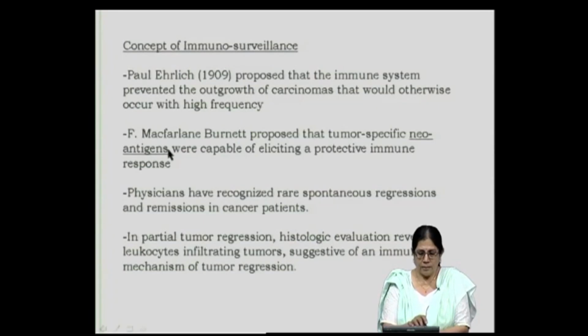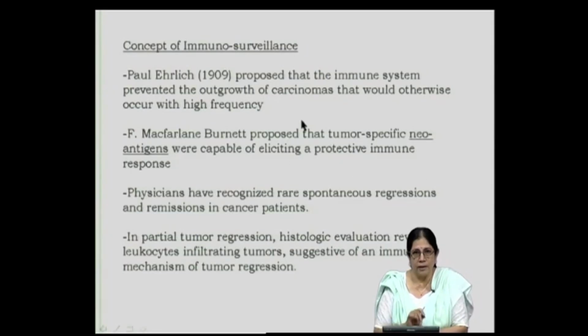Soon after that, McFarlane Burnett proposed that tumor specific neoantigens were capable of eliciting a protective immune response. So, these go hand in hand. Burnett described these neoantigens. Now, is there any evidence that the immune system must be in place to reject newer cancers which might be developing, or that the immune system has a role to play in regression of tumors?